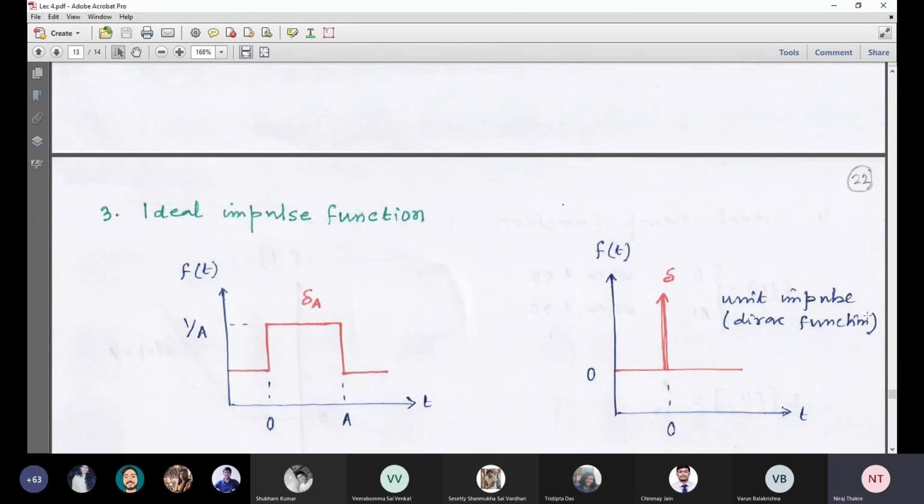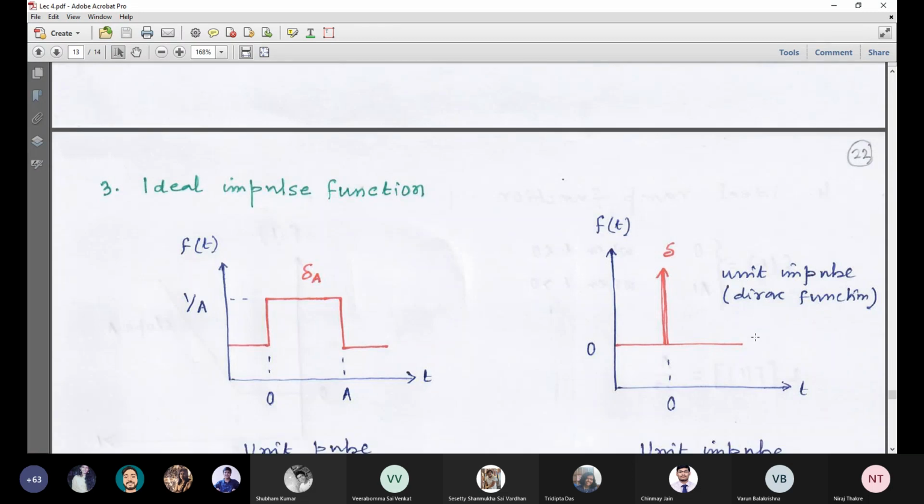So this is the unit impulse function. Okay.